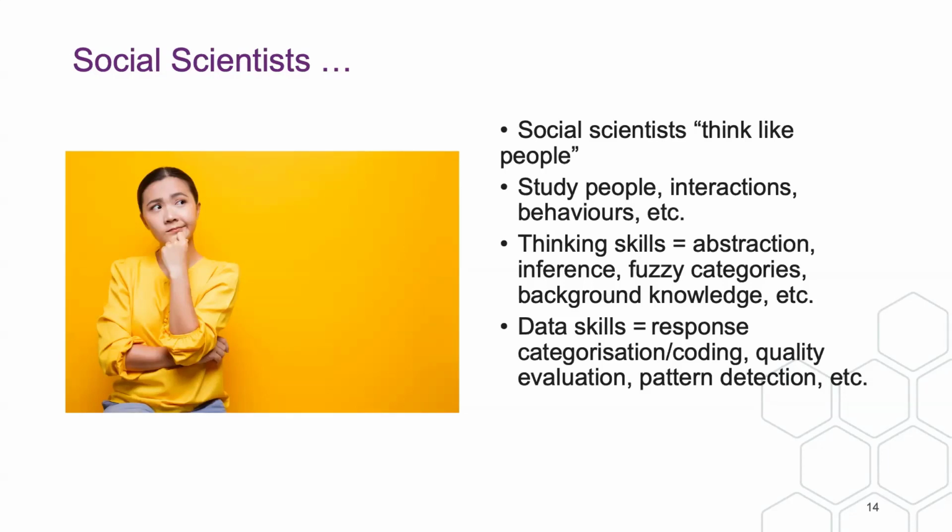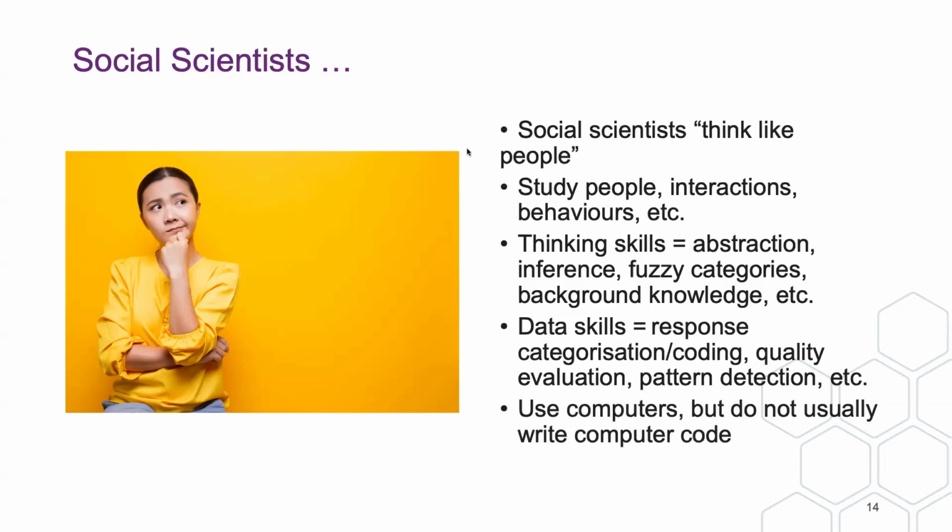So if you think about things like response categorization and coding, quality evaluation, pattern detection, and statistics, these are all things that social scientists regularly do. But whilst they will be using computers and statistical programs, this often doesn't involve writing computer code. You might be doing some analysis on SPSS or Stata, but like I said, maybe not so much any programming or code.